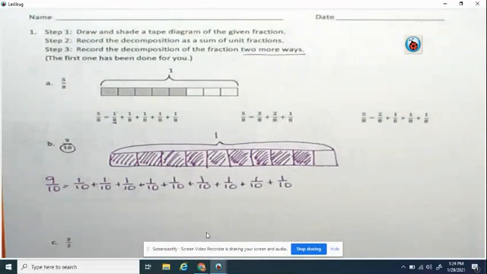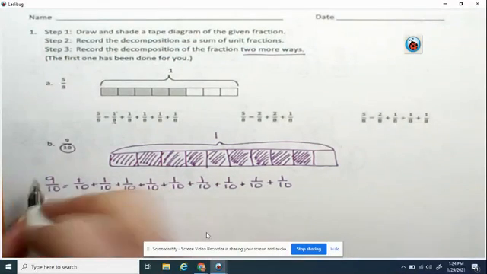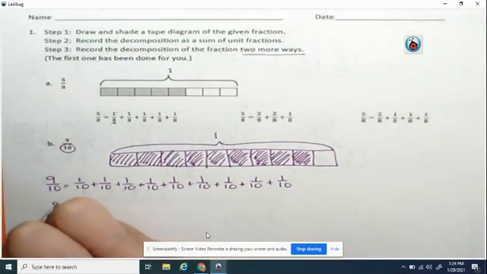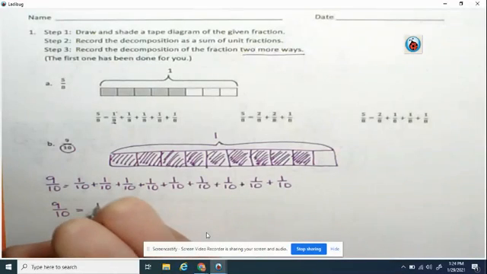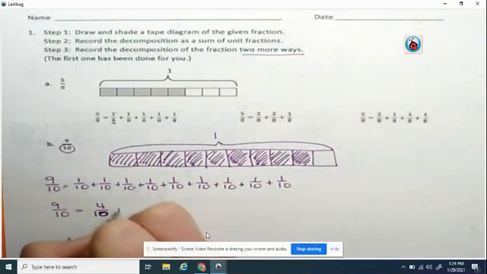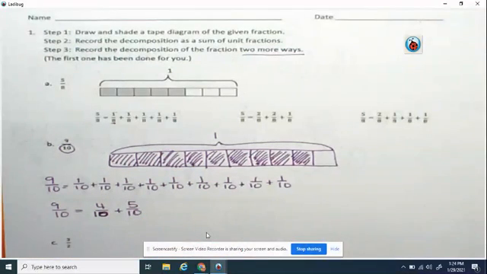Any way that I want that's going to add up to equal 9, I can decompose this. So I could say 9/10 is equal to, let's just do 4 and 5. 4, oops, why did I do fifths? 4/10 plus 5/10. So 4 plus 5 equals 9, and that equals 9/10. So that works.